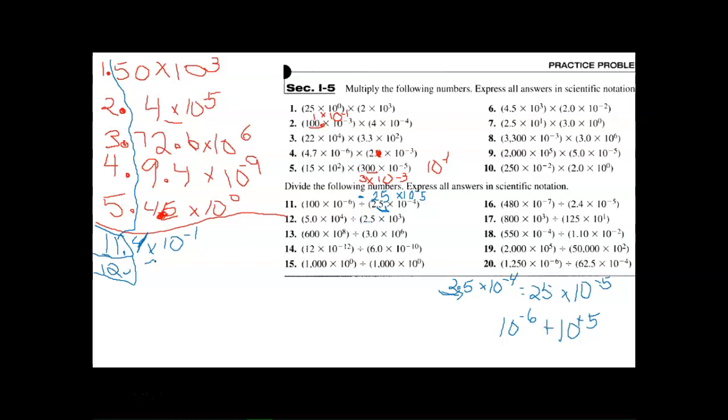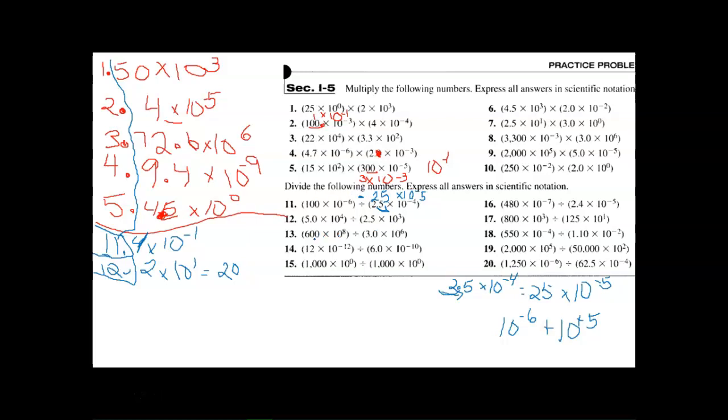But you should end up with 2 times 10 to the 1, or 20 is the actual number that is. Okay.